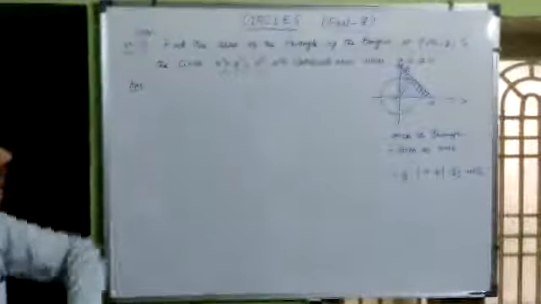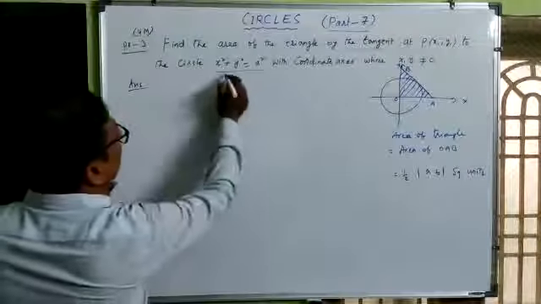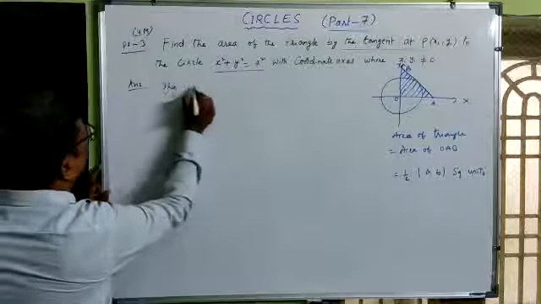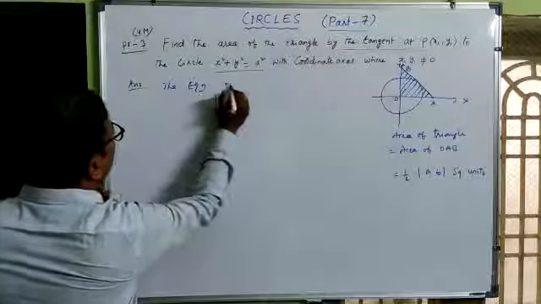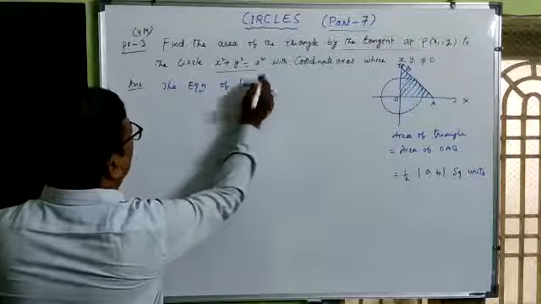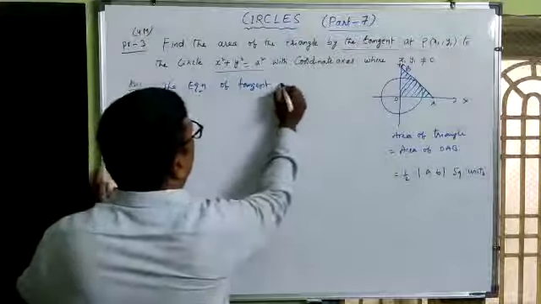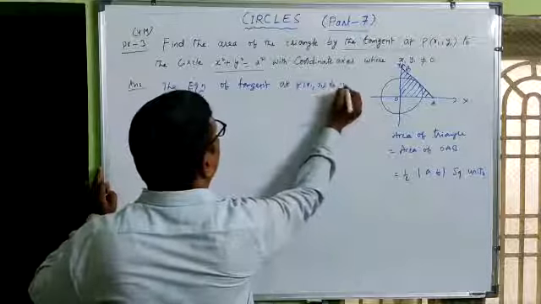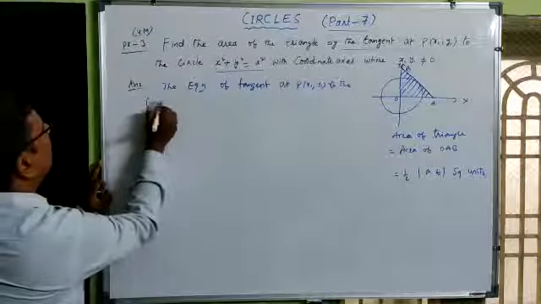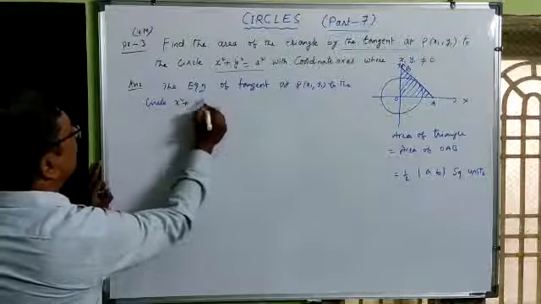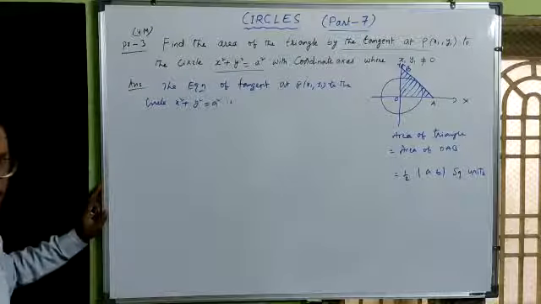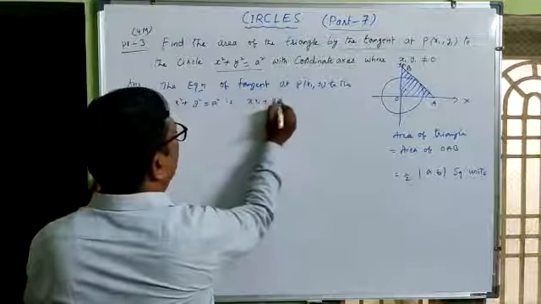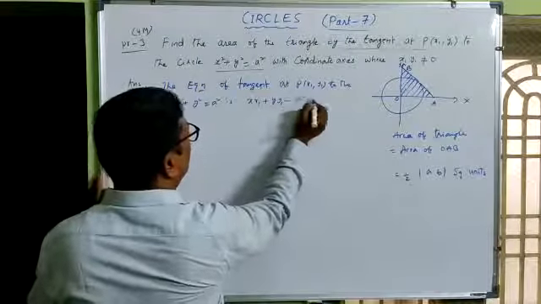Okay. So now what is the given equation? It is x square plus y square is equal to a square. Now the equation of tangent at P(x1, y1) to the circle x square plus y square is equal to a square is, what is the equation of the tangent? xx1 plus yy1 minus a square is equal to 0.